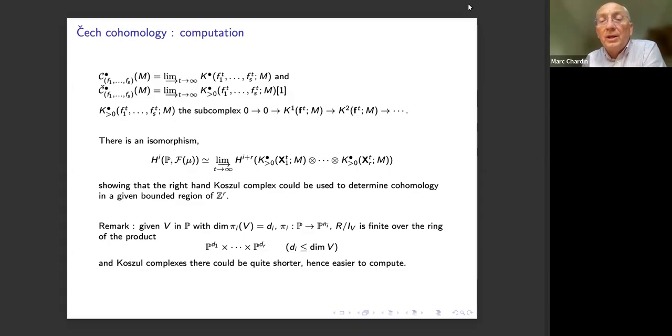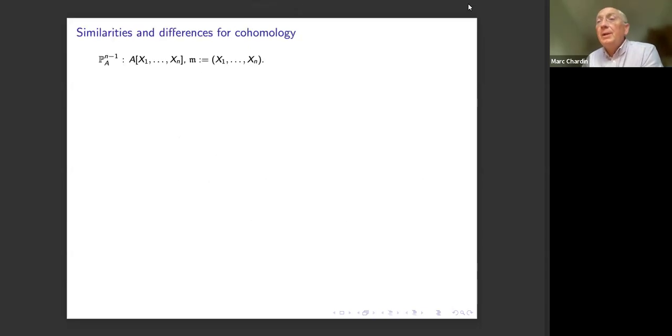You can look at that over the ring of this product, which is quite a bit smaller. If you have something of dimension 1, you just need to work over P1 cross P1 cross P1, and you have a much smaller Koszul complex than if you live in a higher dimensional space, and this will help to compute the cohomology.